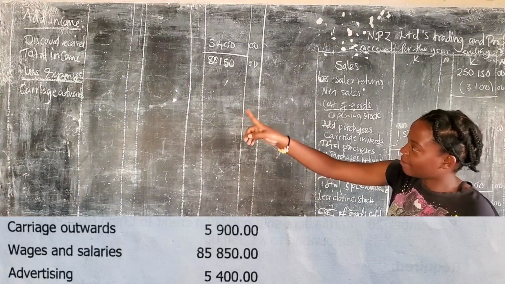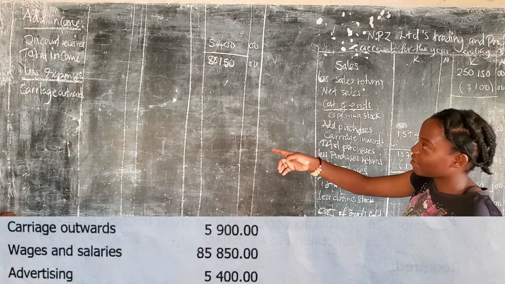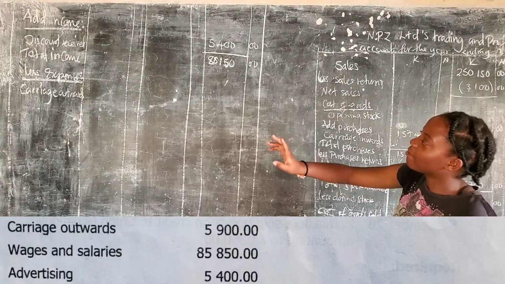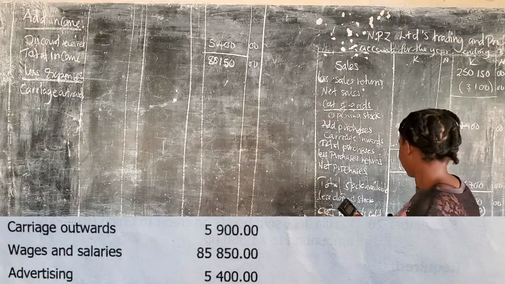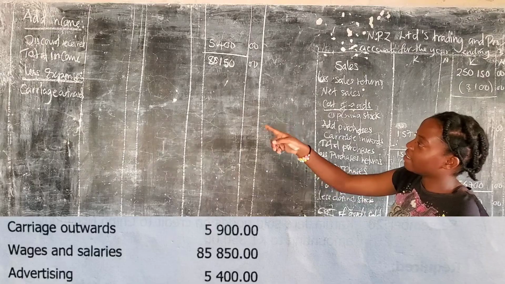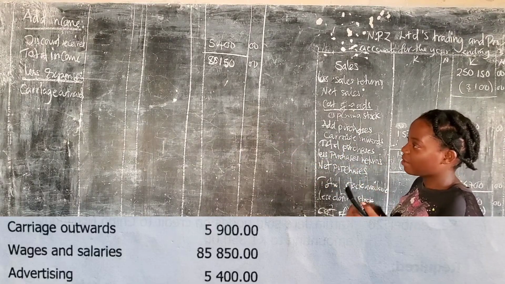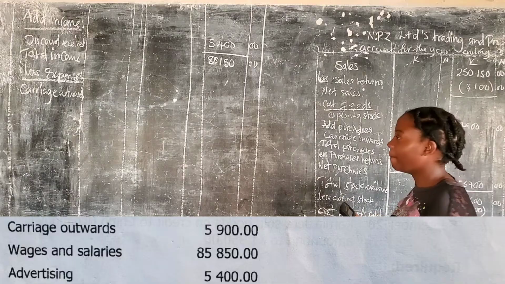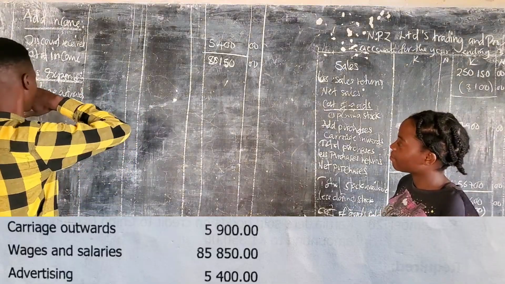Sir, excuse me before you continue. On add income, we have discount received. That's an income. So what if we had rent received? Then here we also have the gross profit. So meaning we first add the discount received and the rent received, then the amount we add to the gross profit. Exactly, thank you for the question.